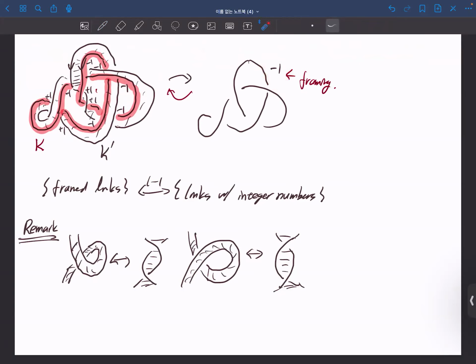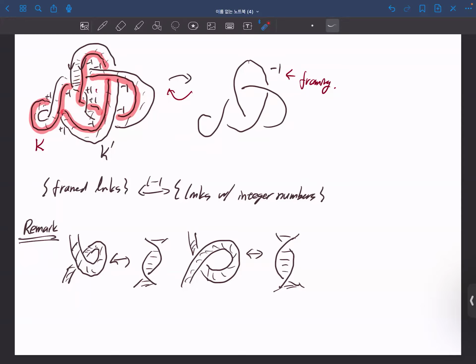It is because when we recover framed knots and links from a diagram, we draw a parallel, but we need to make such a linking between two boundaries.